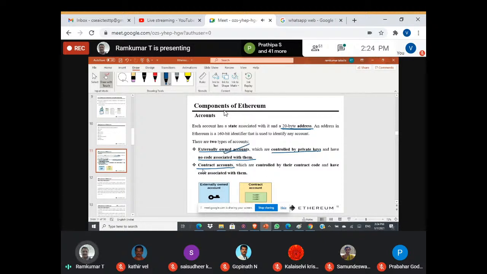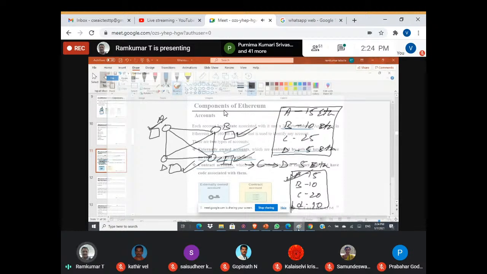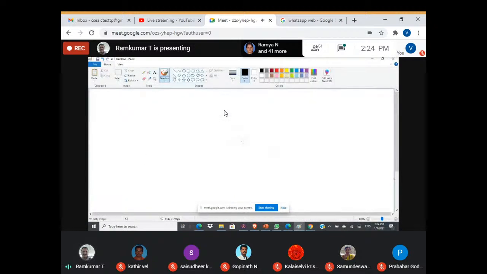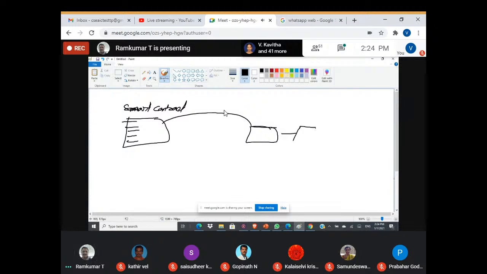Now the next is a contract account. What is the meaning of contract? Whenever I write a program, in future I'm going to write some program. This program I'm going to call a smart contract. This contract I'm going to deploy in the blockchain. What type of blockchain is this? This is an Ethereum blockchain.